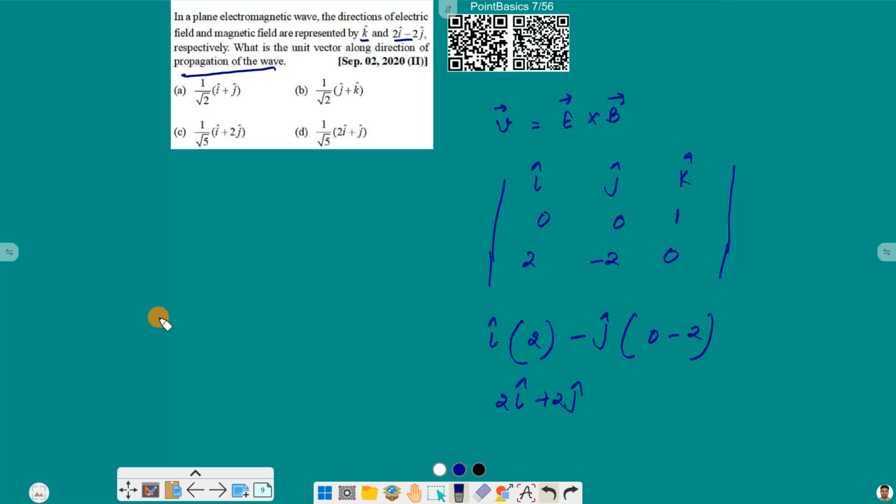If we take the unit vector along this, it will be 2I plus 2J divided by the magnitude. The magnitude will be 2 square 4 plus 4, that is root 8, and root 8 is 2 root 2. So it will be basically I plus J divided by root 2, and that is option A for us.